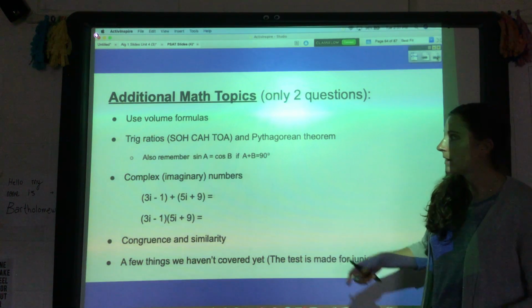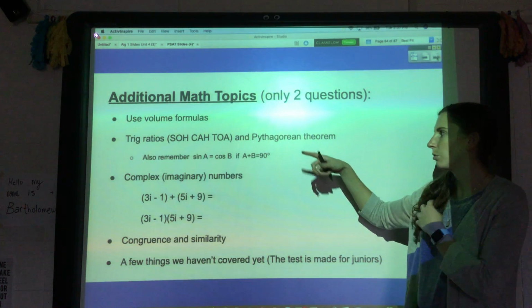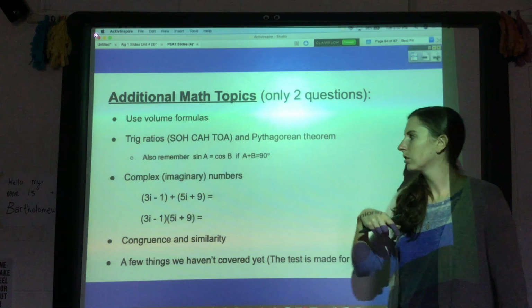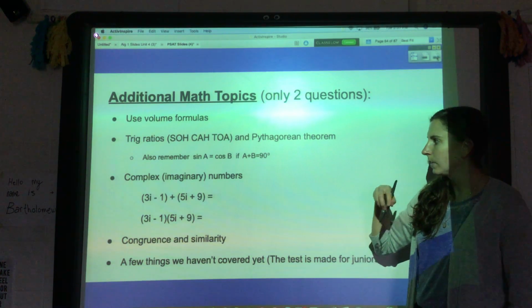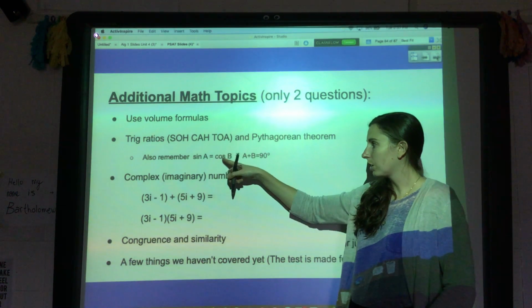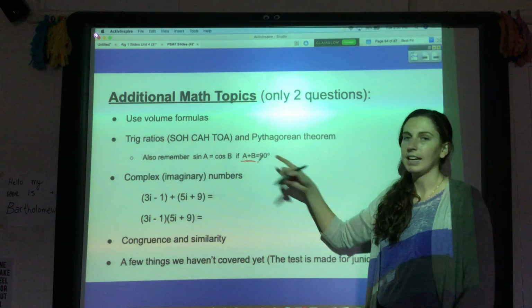But they might ask you to use volume formulas. You might have to do some trig, so keep in mind SOHCAHTOA with your right triangles. You might have to use Pythagorean theorem. Remember, the sine of one angle equals the cosine of another as long as those angles add up to 90.